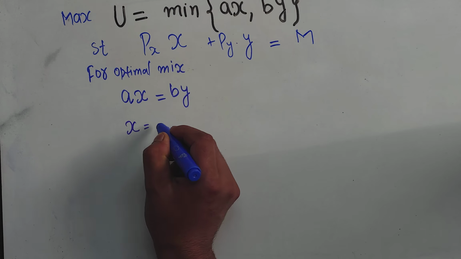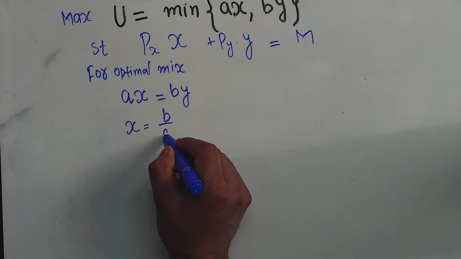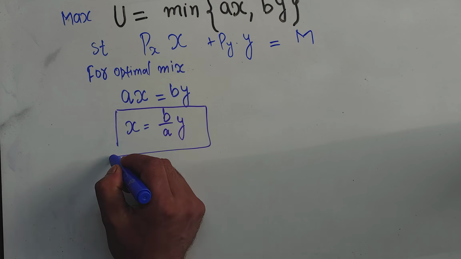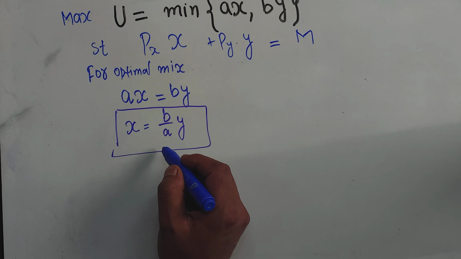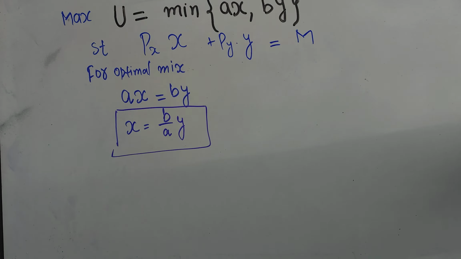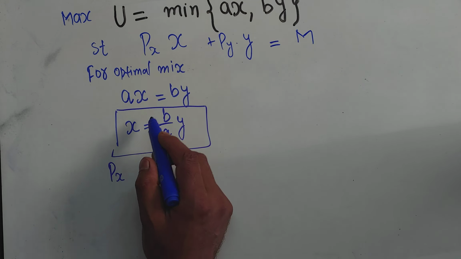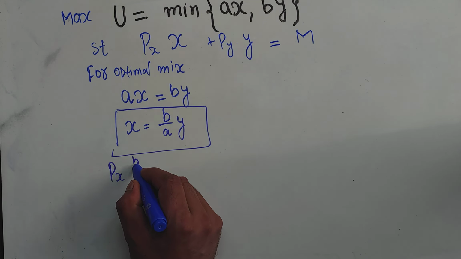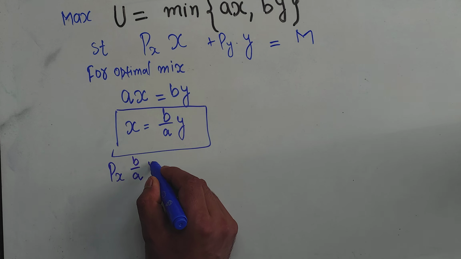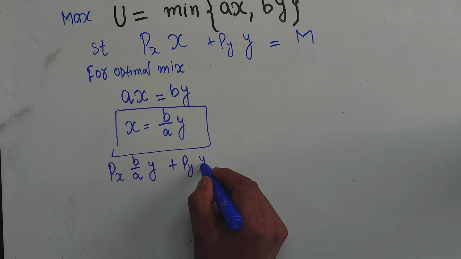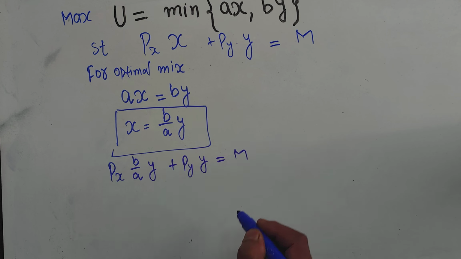So x will be equal to b upon a times y. Now we plug this value of x, equal to b upon a y, into the budget function. That gives us the price of good x times b upon a y, plus the price of y times units of good y, equal to the income of the consumer.